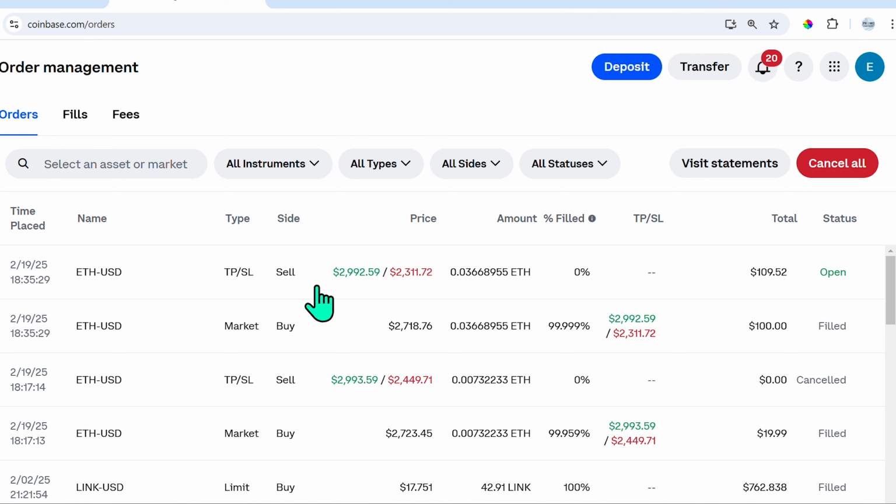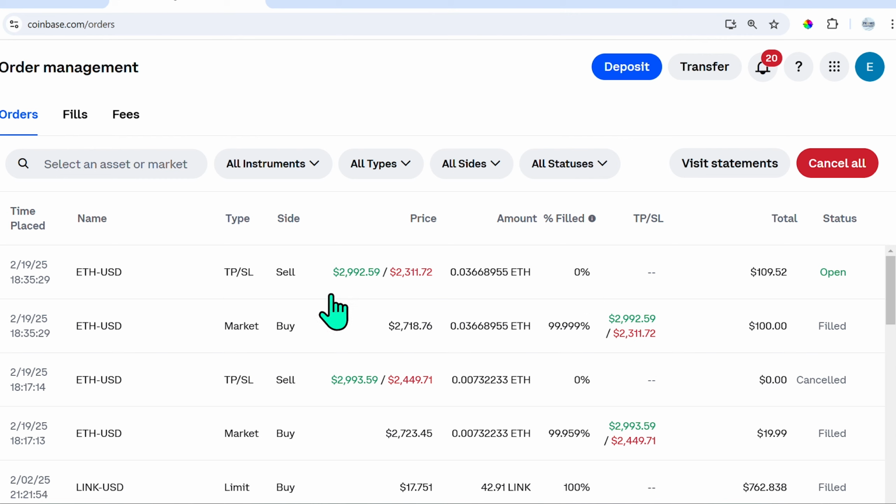So right now you're saying, I want Coinbase to sell my $100 of Ethereum on my behalf if the price hits $2,992.59 so that I can make 10% on my investment, or if it drops to $2,311.72 so that I don't lose more than 15% of my investment. Currently, neither of these is the case because Ethereum has not hit this price or this price. And so right now it's 0% filled.